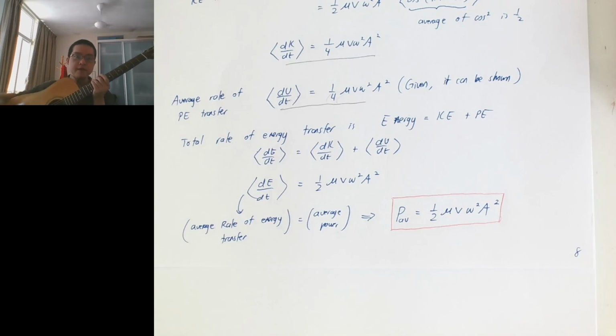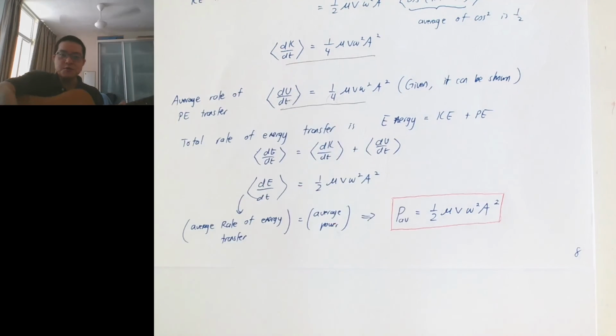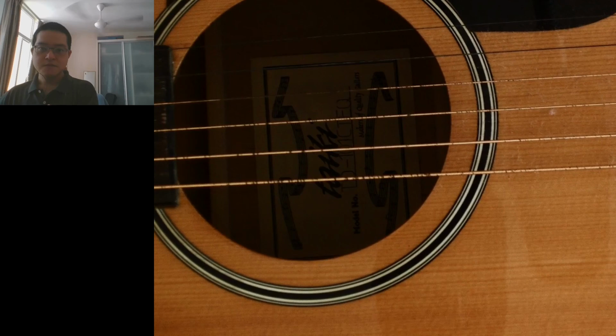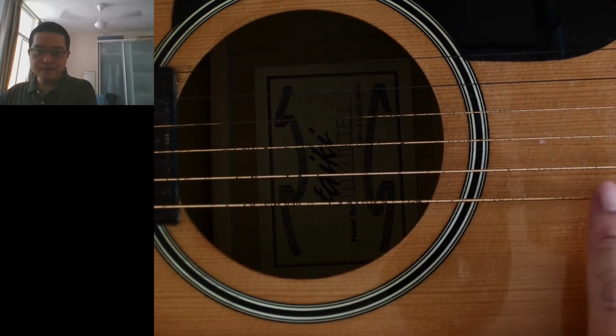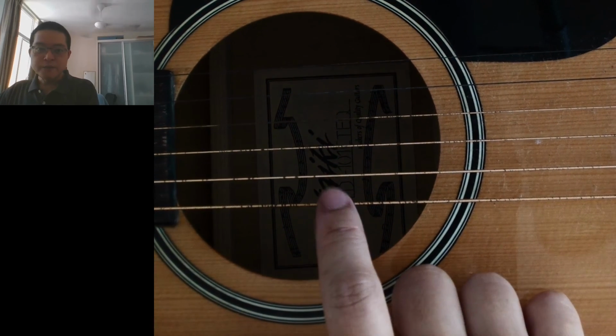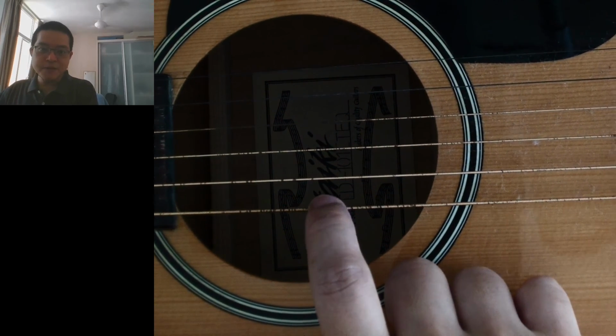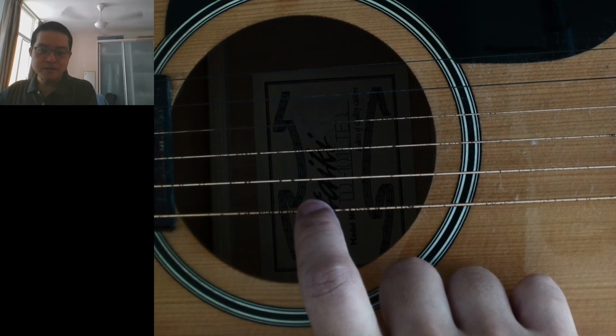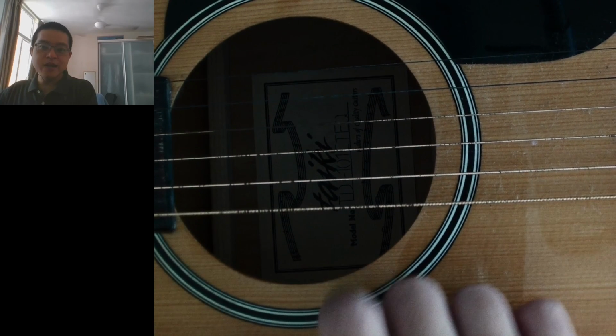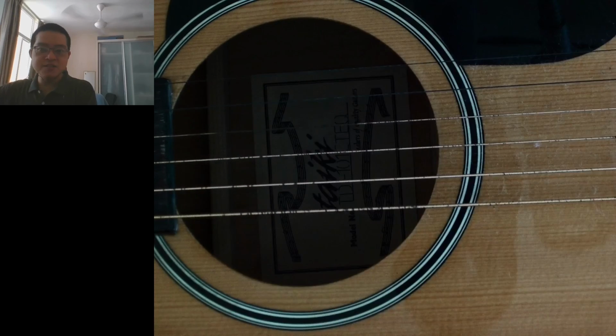But if I were to pluck the string, my rusty string is not moving now, but if I pull the string a bit, I'm giving it some potential energy, then I let go. So now I've got potential energy and kinetic energy interchanging with each other.